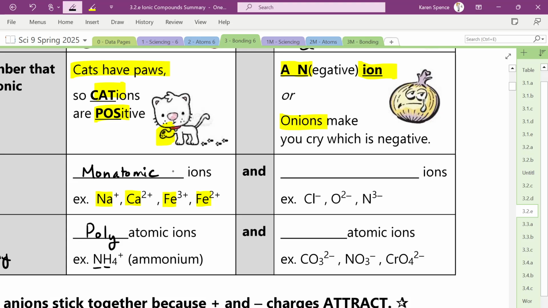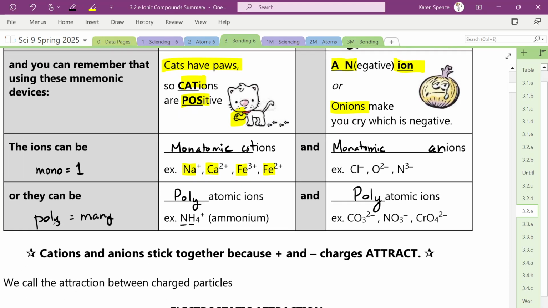So we might have monatomic cations and monatomic anions. We can have polyatomic cations and polyatomic anions, CO3 2 minus, NO3 2 minus, or sorry, 1 minus, and CrO4 2 minus.